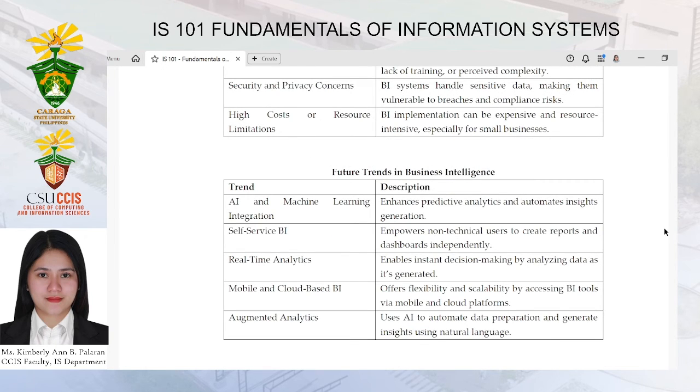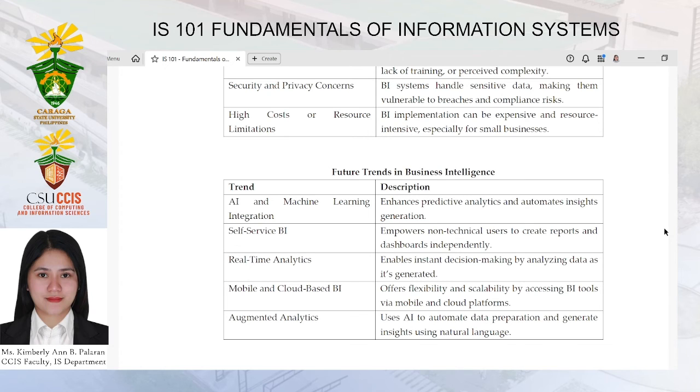Now let's talk about the future trends in business intelligence. The first one is AI and machine learning integration. This enhances predictive analytics and automates insights generation. Next one is self-service business intelligence. This empowers non-technical users to create reports and dashboards independently. Third, we have real-time analytics.